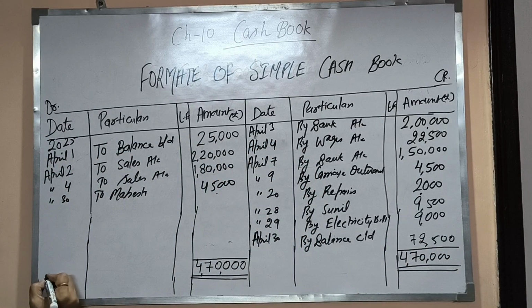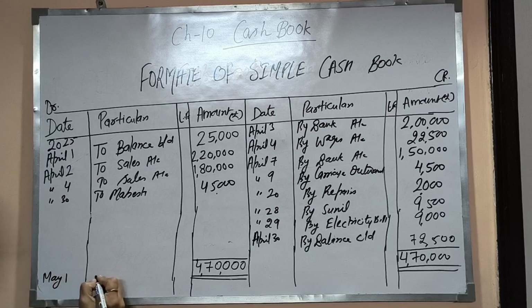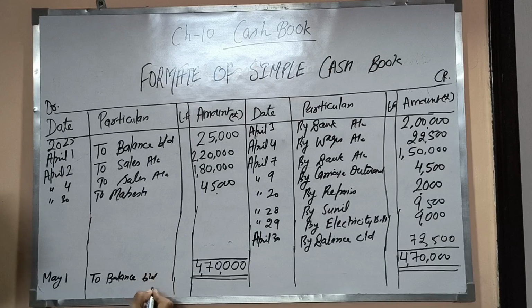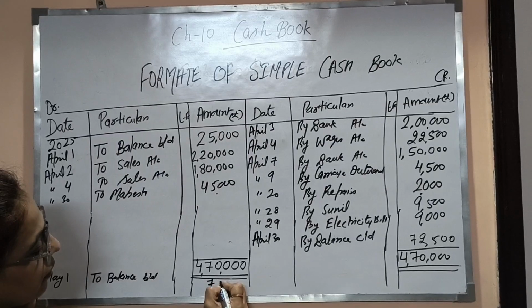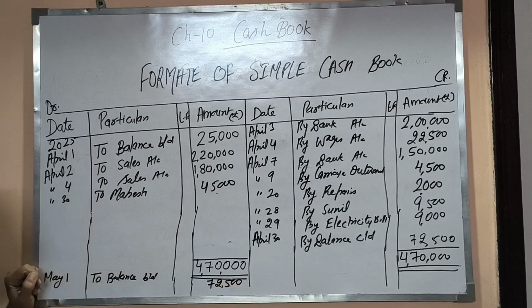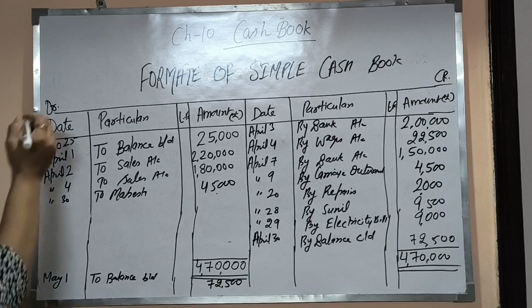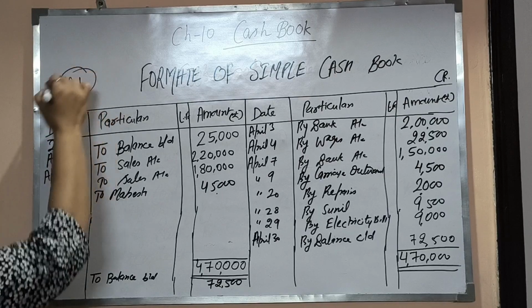Clear? It is the beginning of next month, May 1st, to balance b/d, brought down, the opening balance of next month, 72,500. This is the simple column cash book, illustration number 1 of S. Grewal.